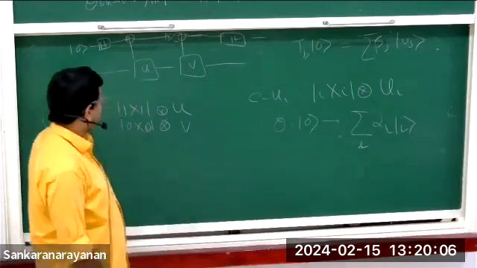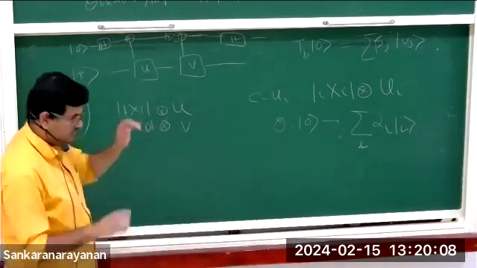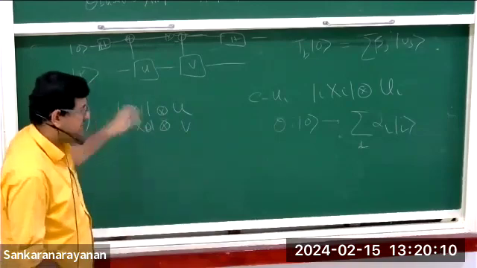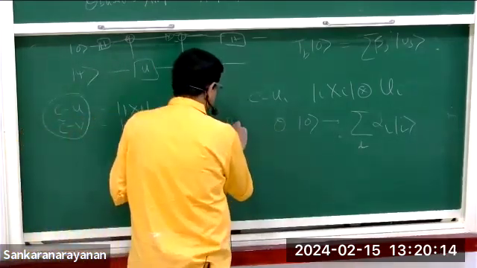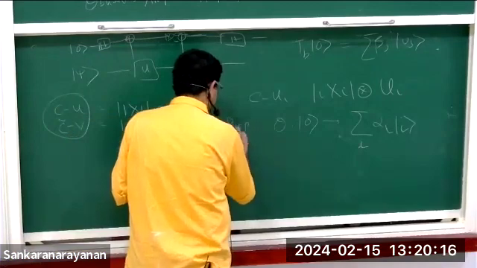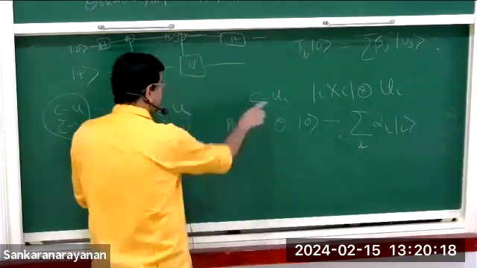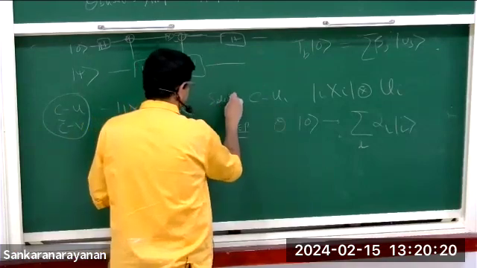It's not exactly the same as this, but it looks the same. In the literature, you will see that this is something called the prep operator, and this is known as the select operator.